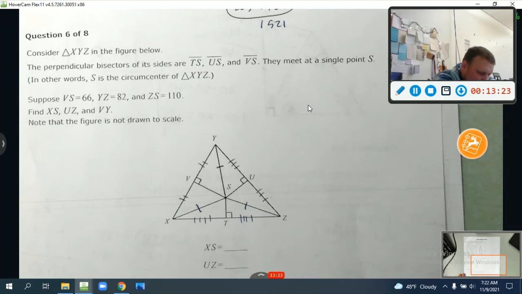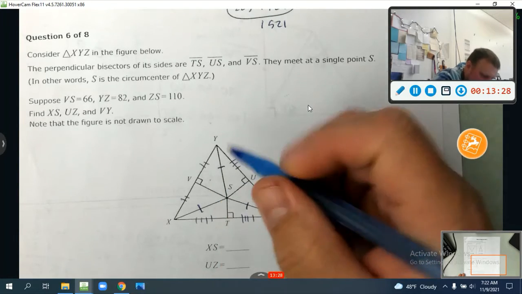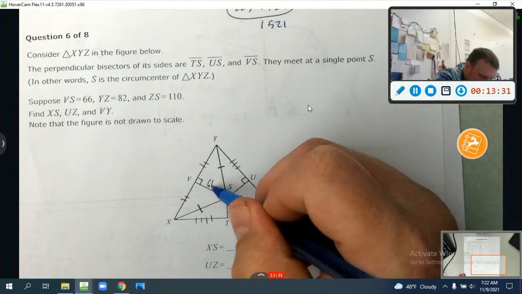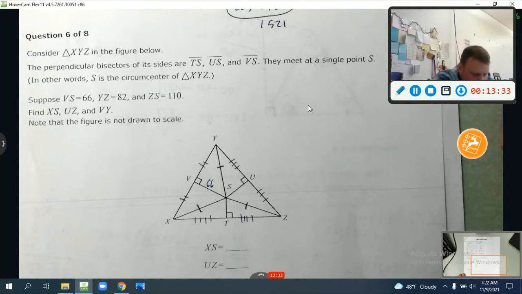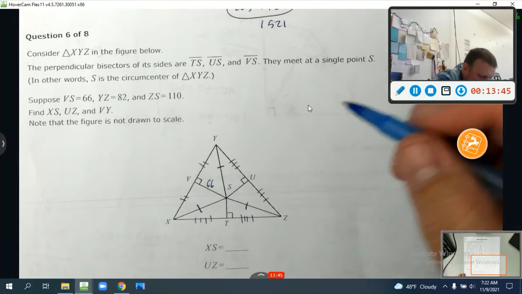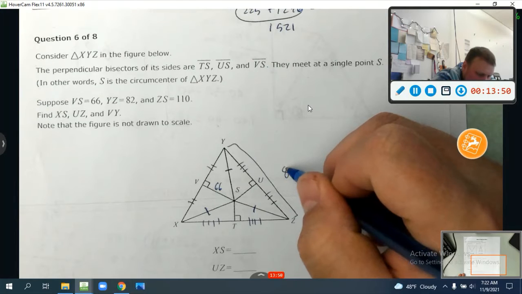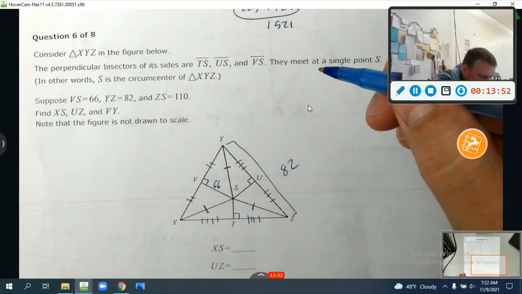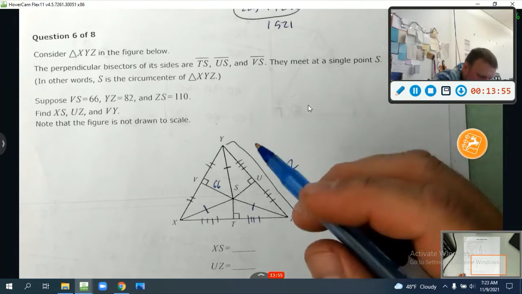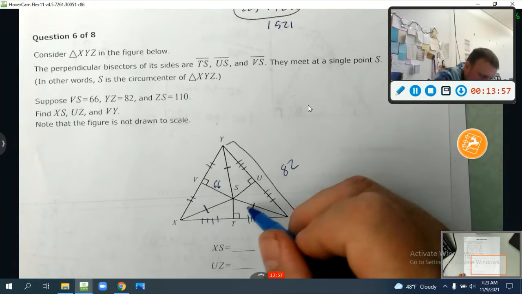Okay, suppose VS equals 66. All right, if VS is 66, and YZ equals 82, that's this whole thing, and ZS is 110.